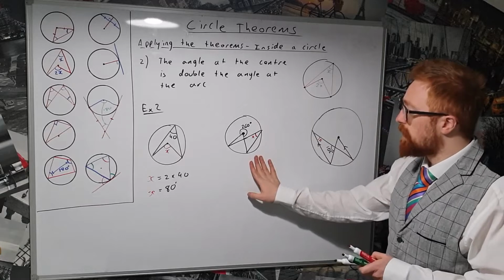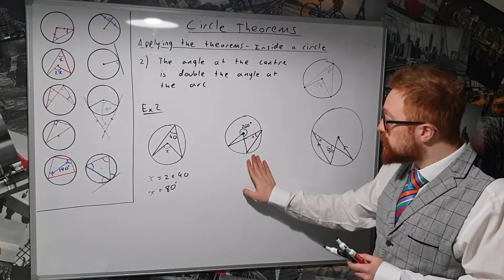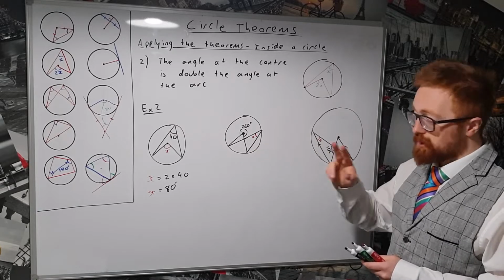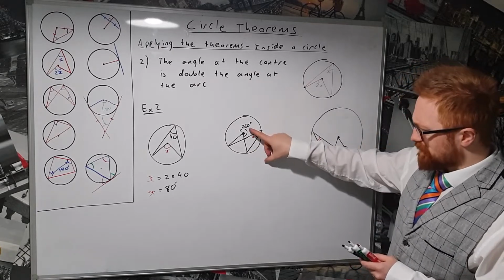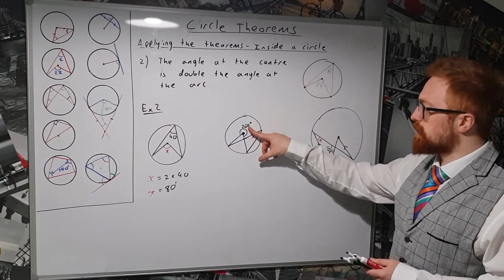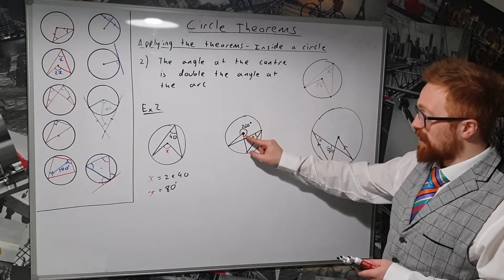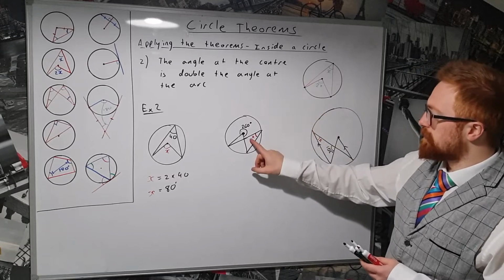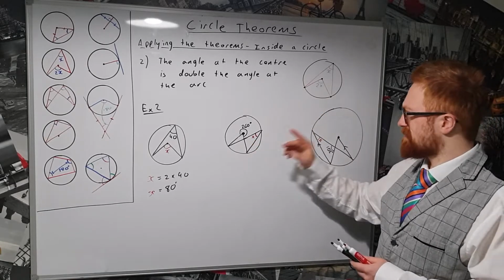Now this second one is drawn in a slightly different way, so there's a couple of things we need to be careful of. This 260 degrees, even though that is an angle and it is at the centre, it's not the correct angle for what we're trying to find, x.